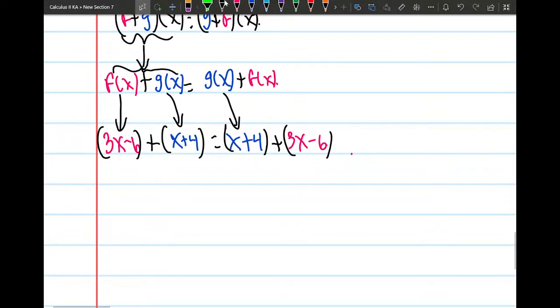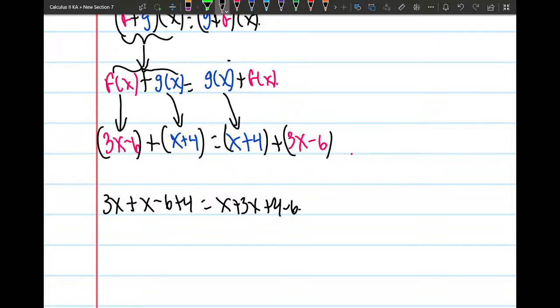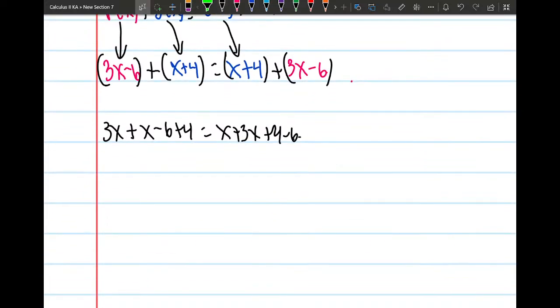We can say 3x plus x minus 6 plus 4 is equal to x plus 3x plus 4 minus 6. This is the exact same thing. This is equal to 4x, negative 6 plus 4 is minus 2, and this is equal to 4x, and 4 minus 6 is negative 2.